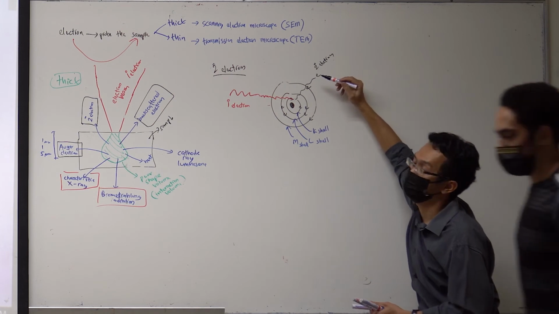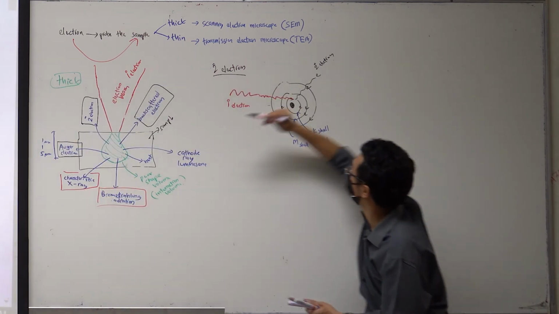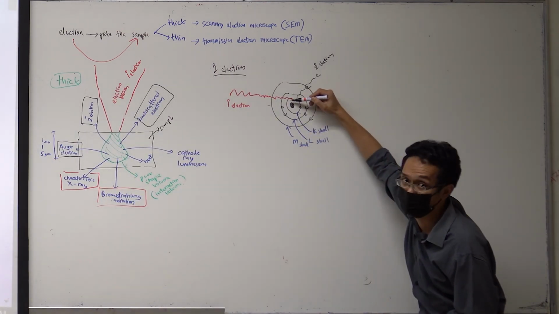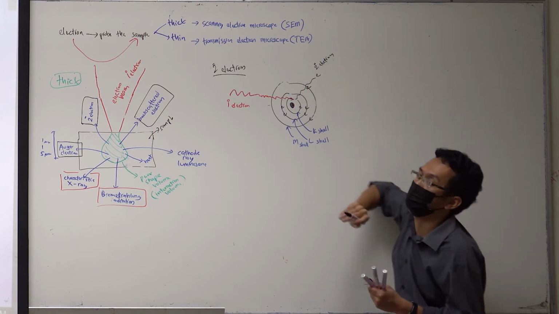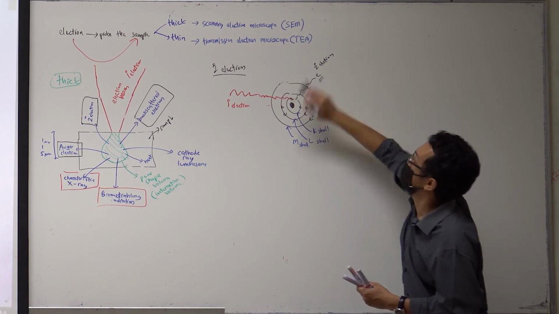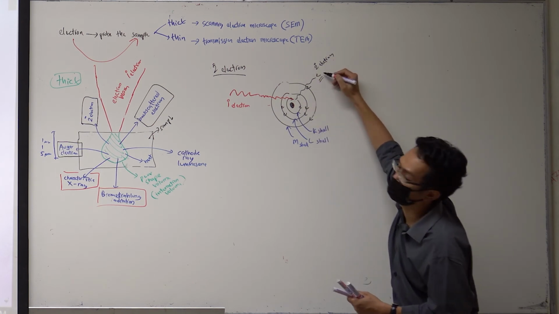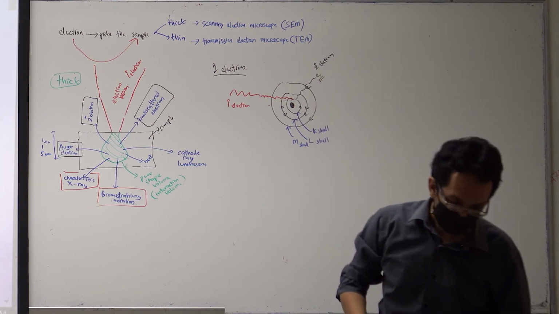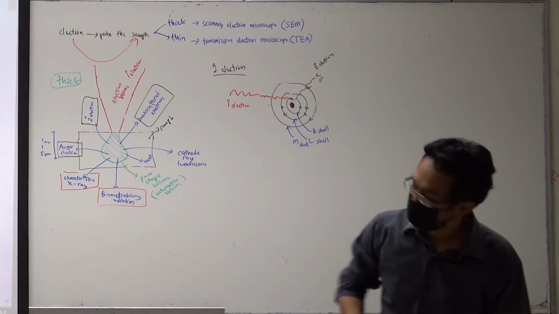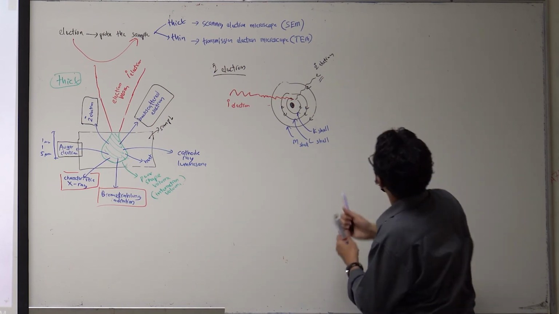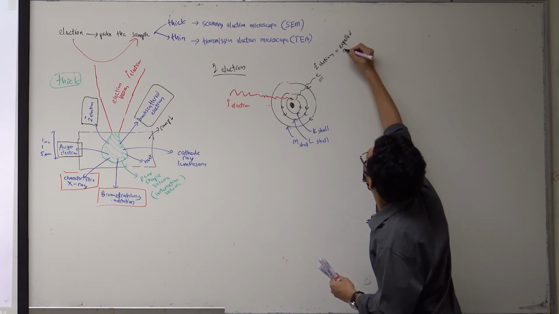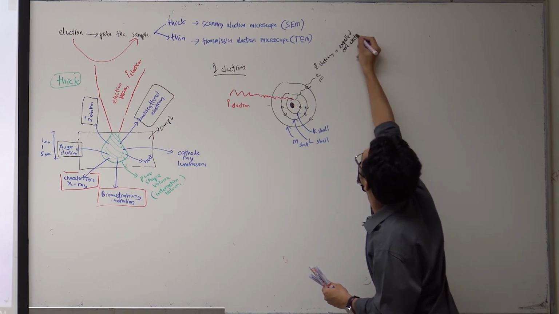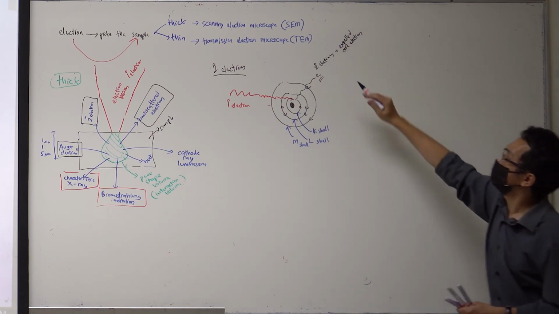Previously, the characteristic X-ray is when the electron from the second shell goes down, right? But what happens to the electron that is expelled? This expelled core electron is what we call the secondary electron.